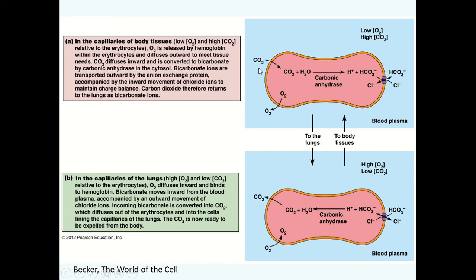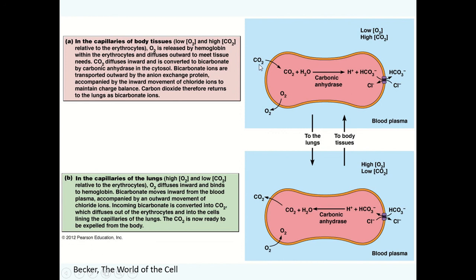The tissues are carrying out respiration, so they produce carbon dioxide. This excess carbon dioxide diffuses into the red blood cell where, since the concentration of carbon dioxide is greater, the forward reaction is going to be favored. Hence, this carbon dioxide is going to be converted in form of bicarbonate ions. These bicarbonate ions are then given out into the blood plasma.